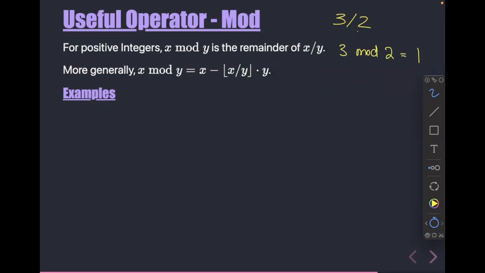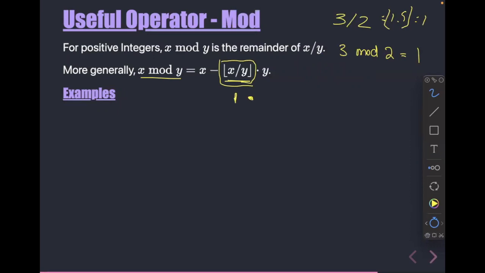And so there are more formal ways to define this. One way is you can use the floor operator that we've learned, because 3 divided by 2 is 1.5, right? And if we took the floor of that, we would get 1. So for x mod y, the floor of x divided by y is the whole number, and then you're multiplying that by y, right?